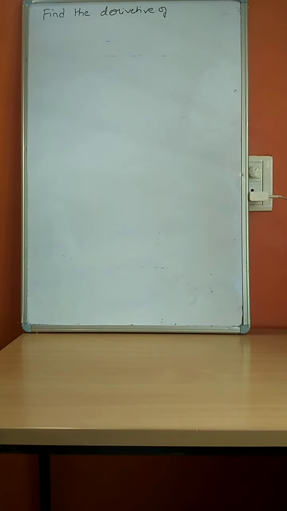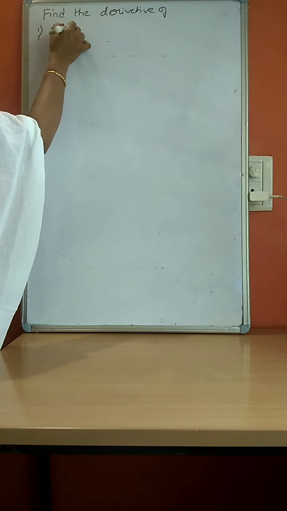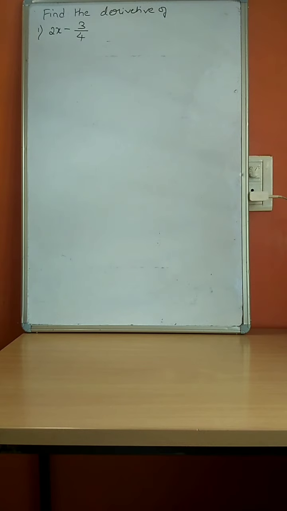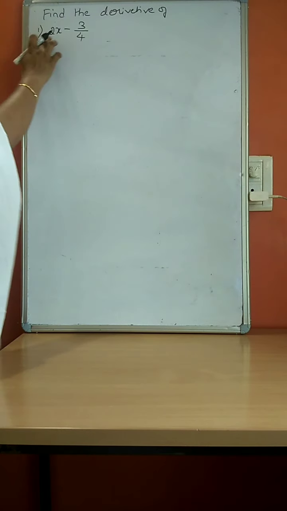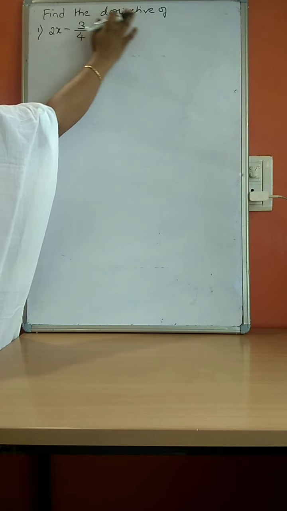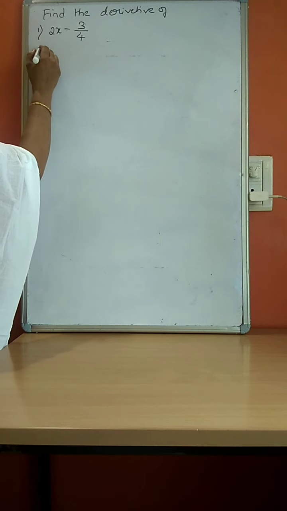Find the derivative of 2x minus 3 by 4. He is asking to find the derivative, so go for direct differentiation.